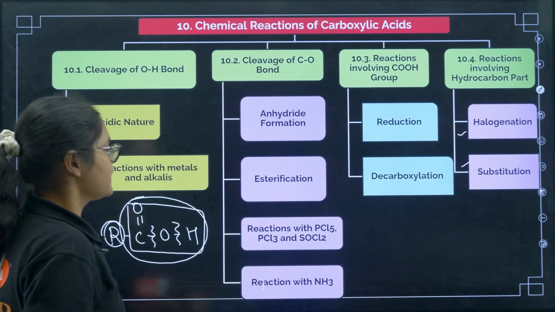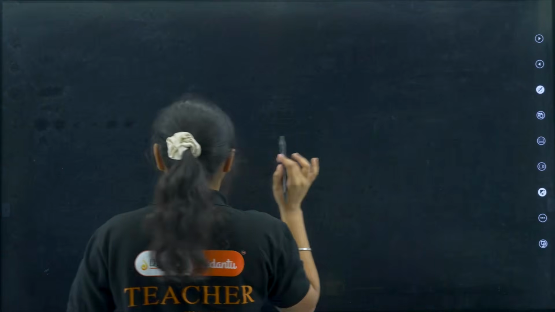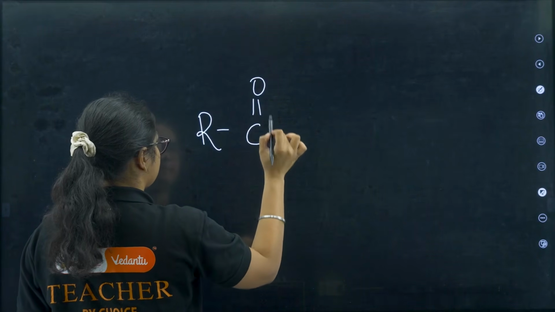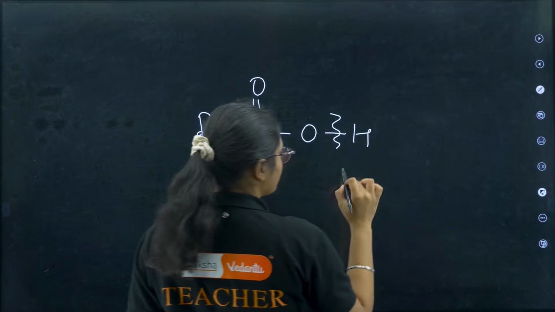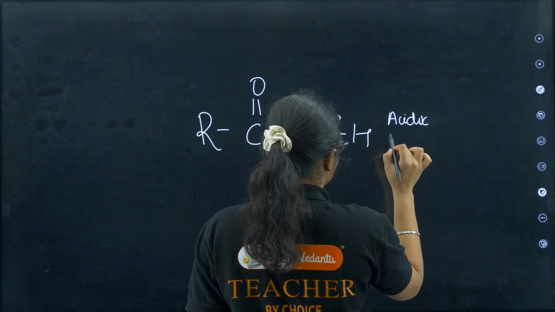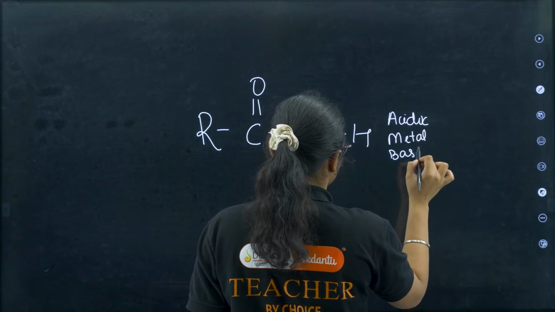Clear? Let me just give a diagrammatic view of this one. See, you have this R. When this bond will break, what all reactions do we have? Acidic nature, reactions with metal and reactions with bases.